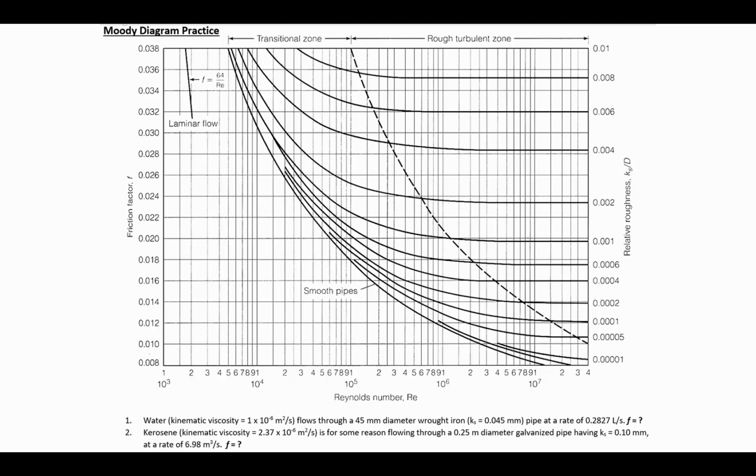So remember, Q equals VA, so V is Q divided by A. And you can get the A from the pipe diameter that's given. We also know for this wrought iron pipe the relative roughness, the equivalent sand roughness coefficient, K sub S. So let me pause for a second and you start working on this scenario: what F value would apply if we're going to then do some calculations with the Darcy-Weisbach equation?